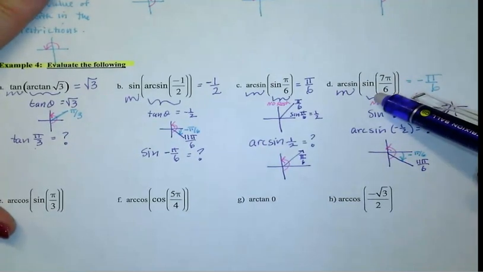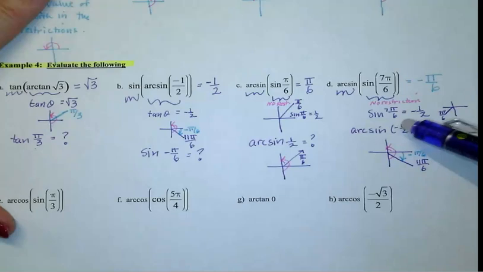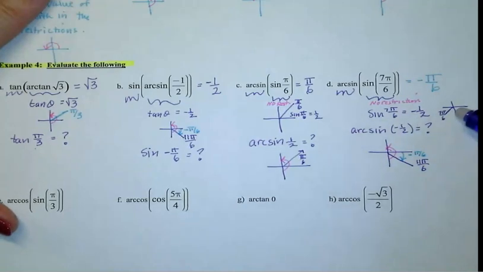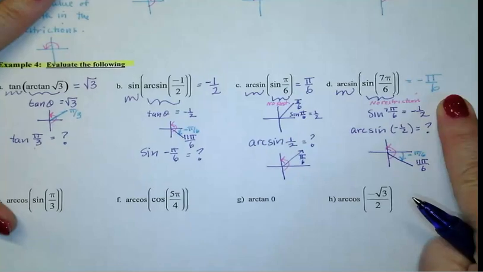So inside, no restriction, so the sine of 7π/6 is -1/2. Remember the restriction is from -π/2 to π/2, so since it's not restricted, that's not necessary. I was just reminding you where that angle was, but this is really all that we need in our work.